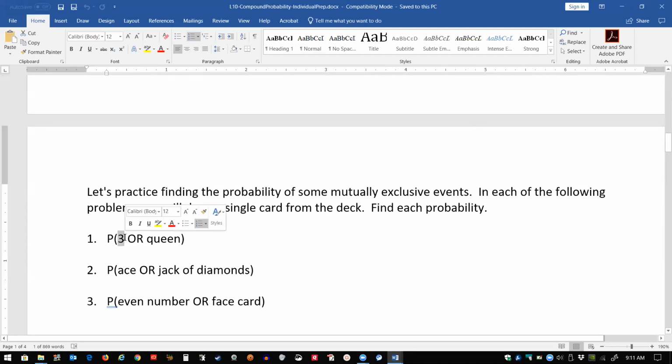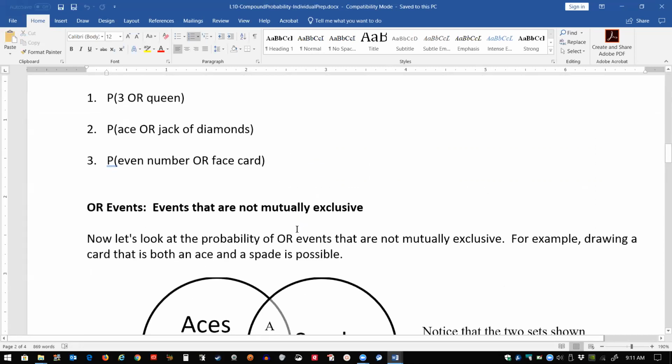For number 1, find the probability of drawing a 3 with this one card, find the probability of drawing a queen with this one card, and add those 2 probabilities together, and that'll get it. So just pause the video right now, do those 3 on your own, and then replay it, and then we'll talk about the events that are not mutually exclusive.